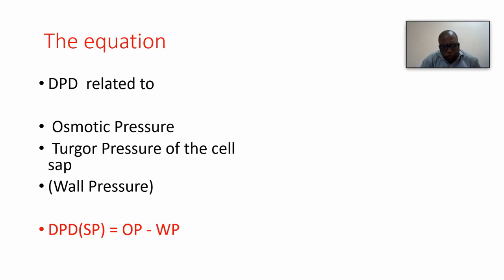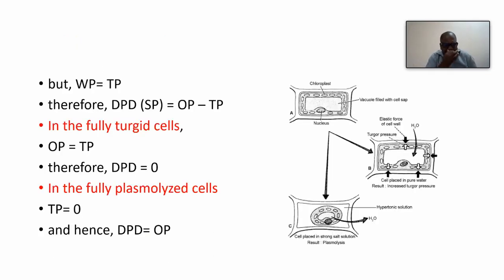Okay? If the osmotic pressure is low compared to the wall pressure, the water goes out. If the osmotic pressure is high, then water enters inside. Okay? See, WP is turgor pressure, I have already told you. When the turgor pressure develops, wall pressure also increases. So in general, wall pressure and turgor pressure are equal.